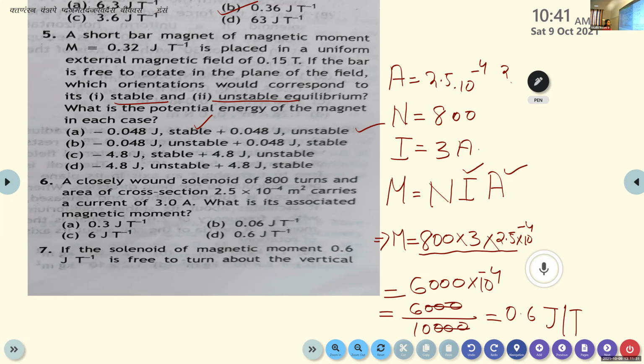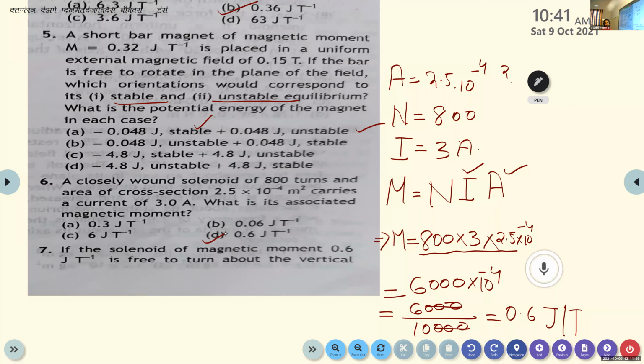Option D. So 800 into 3 into 2.5 is 6,000. 6,000 into 10 raised to minus 4. We take this 10 raised to minus 4 to the denominator, so it becomes 10 raised to plus 4, 10,000. So 6,000 by 10,000 is equal to 0.6 joules per Tesla. Option D is the correct answer.